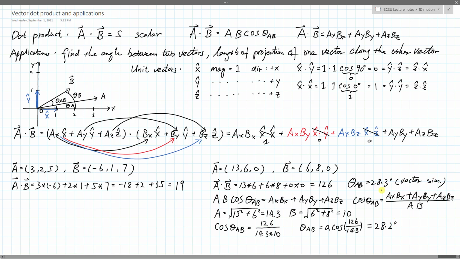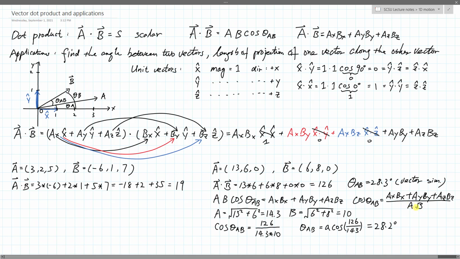All right, so let's do one more since we have another vector here on the left side. So let's get this thing done as well. So now we know the steps. First we calculate the dot product, and then we calculate the magnitudes separately. Then we form this fraction, dot product on top, magnitude on the bottom.